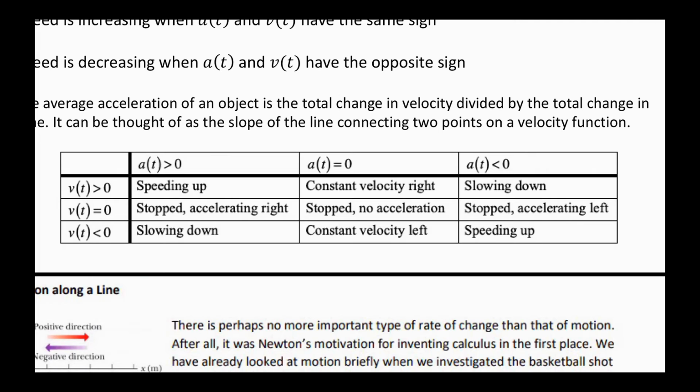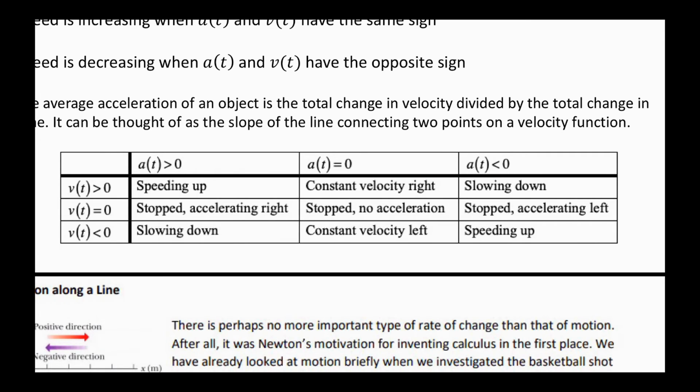Is it 1 box, 2 boxes, 3 boxes? Where is negative acceleration on here? What does that mean, negative acceleration? Yes, when what's below zero. Yep. So acceleration below zero right here.